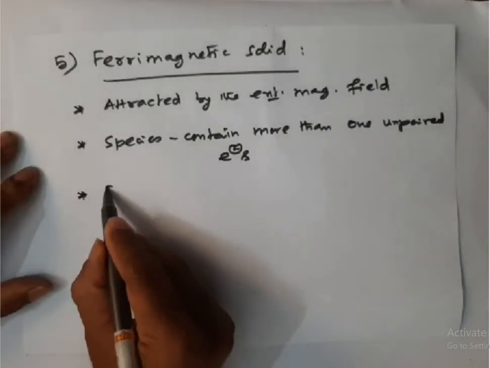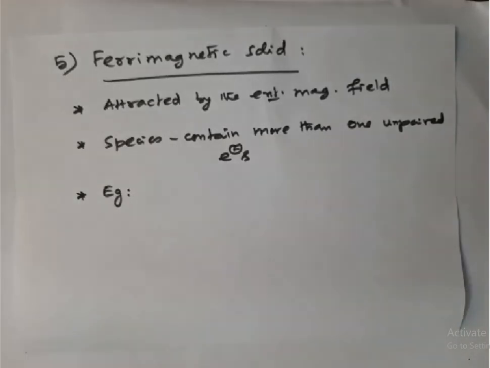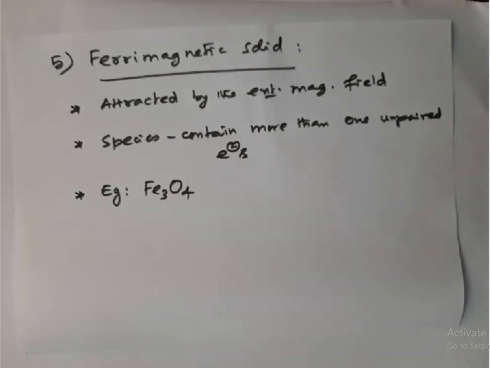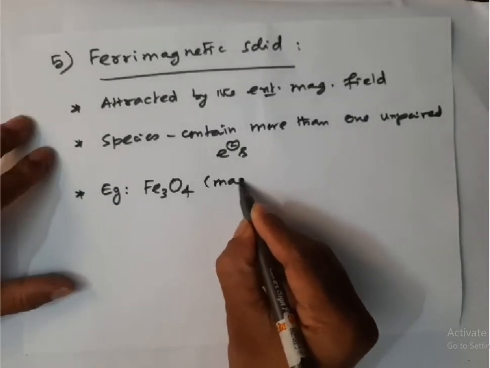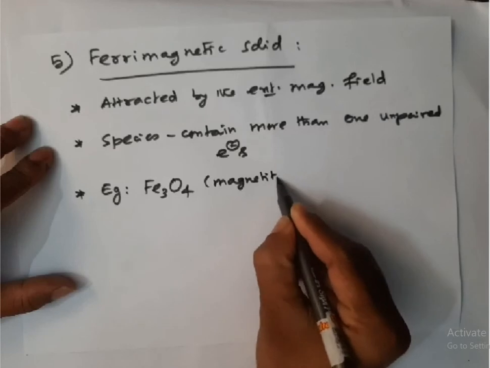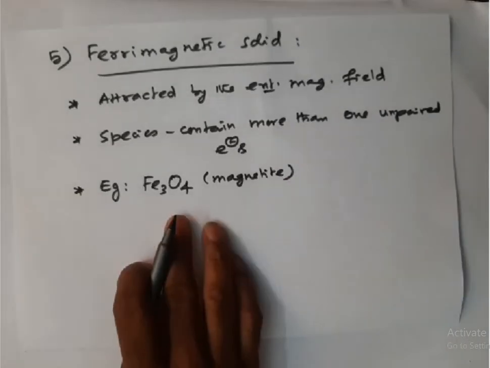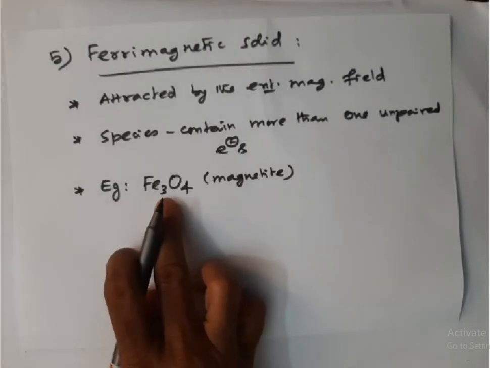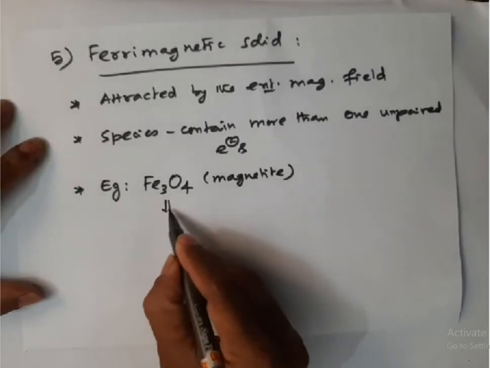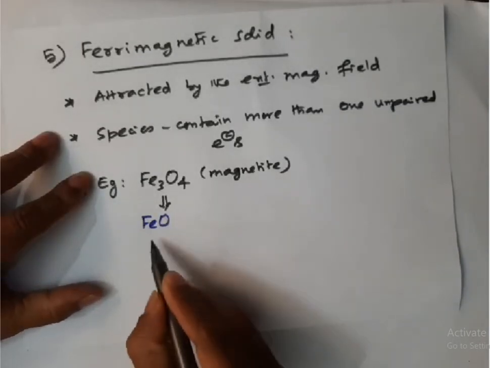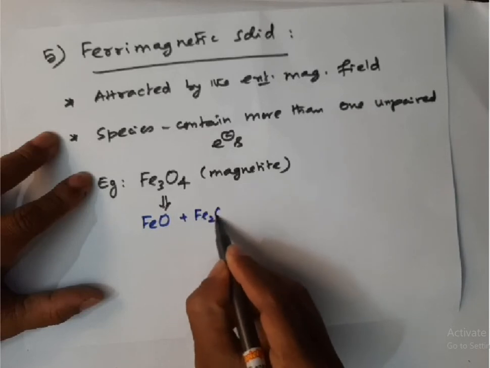Before going to see that, let me give the examples. What are the examples for ferrimagnetic solids? Fe3O4. This material is called magnetite. Fe3O4 is actually a mixture, as you know very well, consisting of FeO, ferrous oxide, and Fe2O3, ferric oxide.